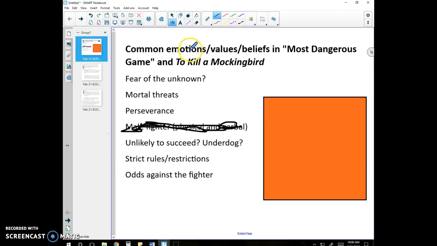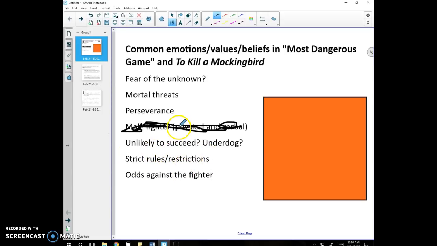So Rainsford was operating under the rules with Zaroff, and Atticus had these strict, quote unquote, rules of society. So I saw that, but I don't know if that's the reason why. I'm not sure, but I wrote it down because it's something I see in both of them: maybe a belief revolving around these strict rules and restrictions.